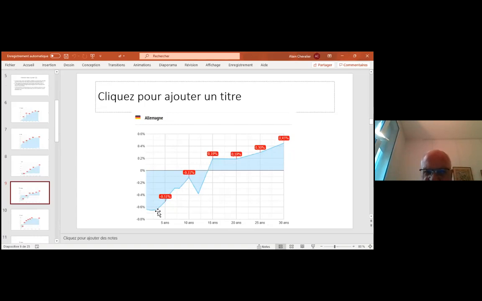You move to Germany. The trend is very similar. Even here, you still have negative interest rates for maturities up to 12 years, or longer. And you don't have the same regular trend as you find with the Japanese or the Chinese, but the kind of volatility you find also with the US.